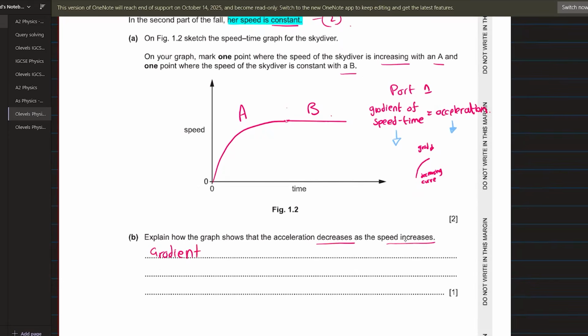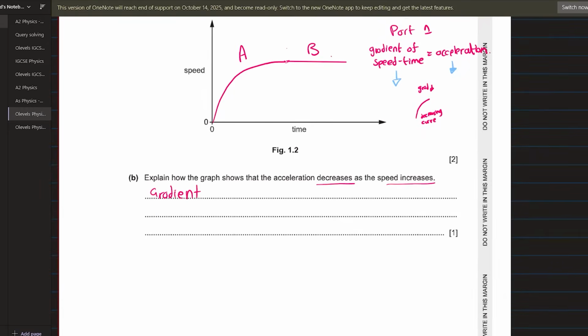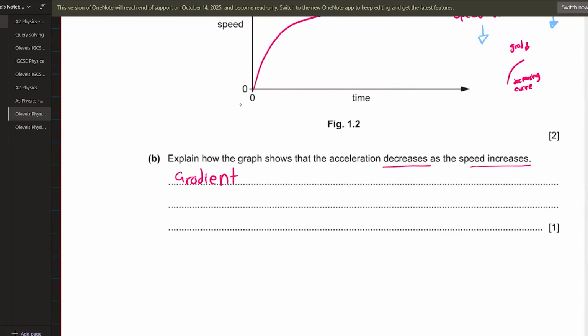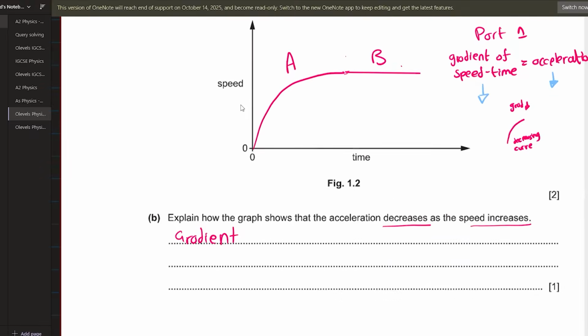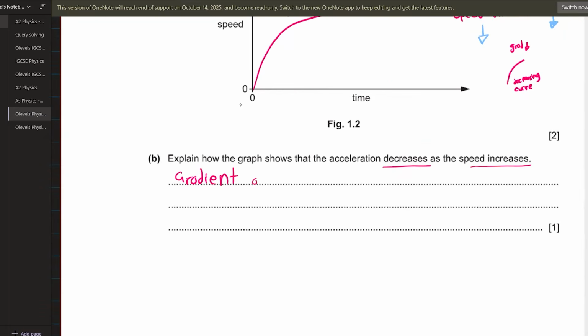Let's zoom in a bit so it's better visible to all of you. We have to tell how the graph shows that acceleration decreases as the speed increases. So you will say gradient of speed time graph is equal to acceleration.